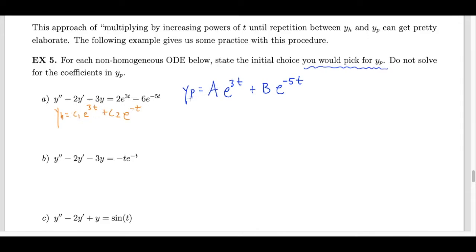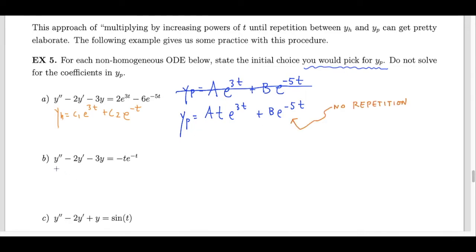So this will not work as my y sub p. So I introduce a t multiple on this term that's repeated, and then notice that this e to the negative 5t is not repeating anything in my y sub h, so I can actually leave that term alone. So the y sub p that I would move forward with is this one here.